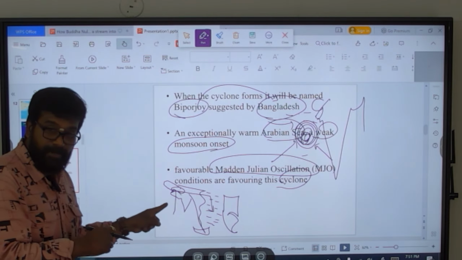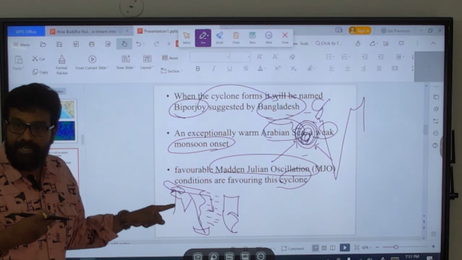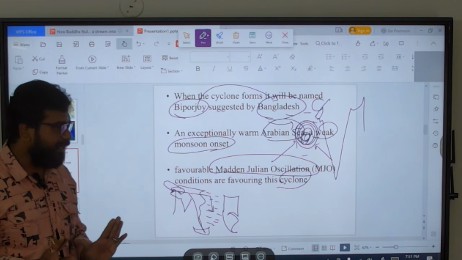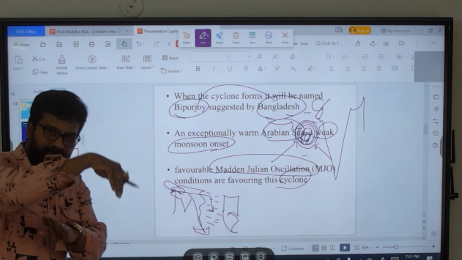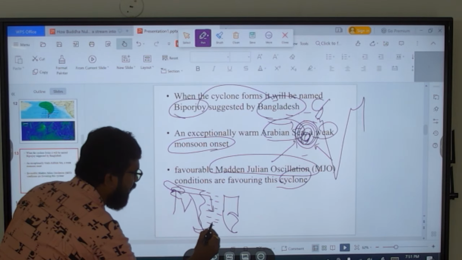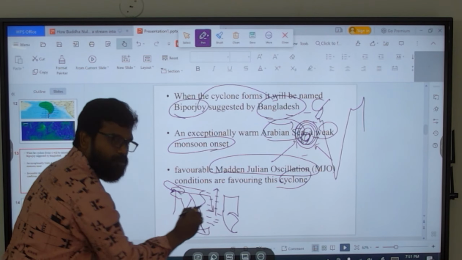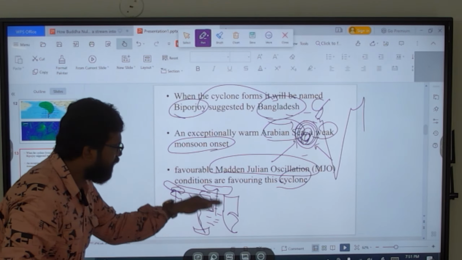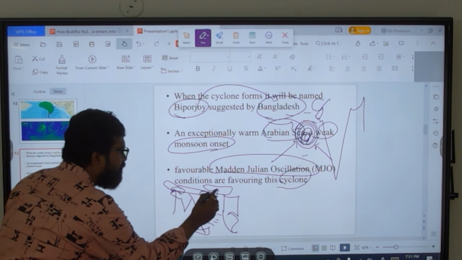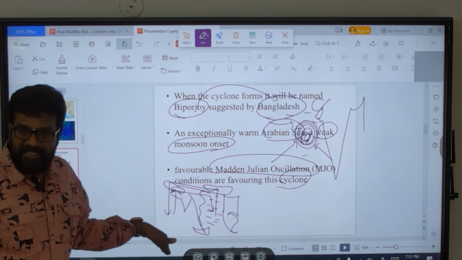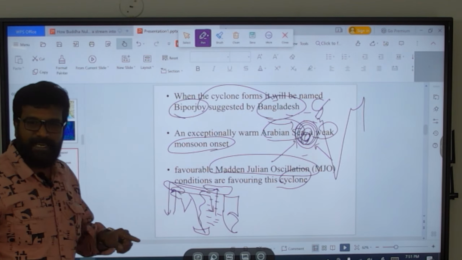This is a phenomenon which occurs every 20, 30 or 40 days. But in the reverse phase, if the air mass rises in the Pacific Ocean, now what happens? Clouds form over there, so the rainfall comes over there. But when the air mass subsides in the Arabian Sea, that is in the Indian Ocean, India doesn't get rain.